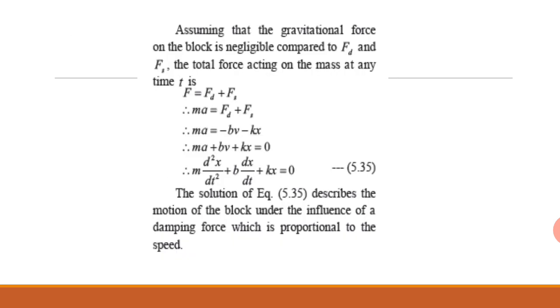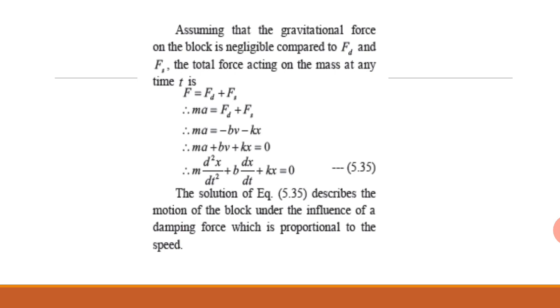Assuming the gravitational force on the block is negligible compared to Fd and Fs, the total force acting on the mass at any time t is the sum of the damping force and the spring force. So F is mass times acceleration, Fd is minus bv and Fs is minus kx.